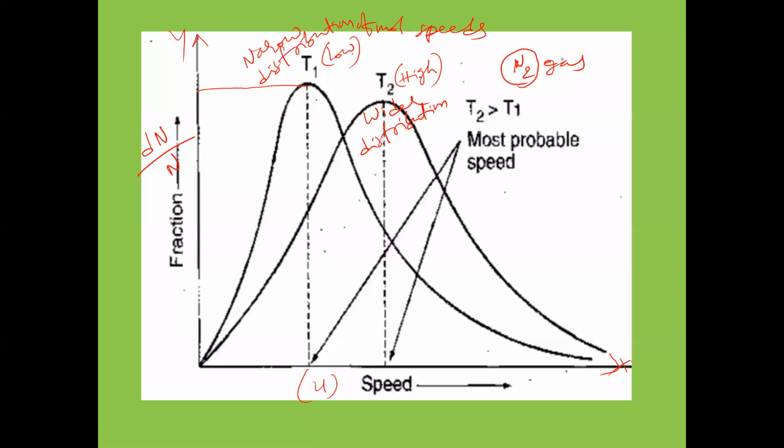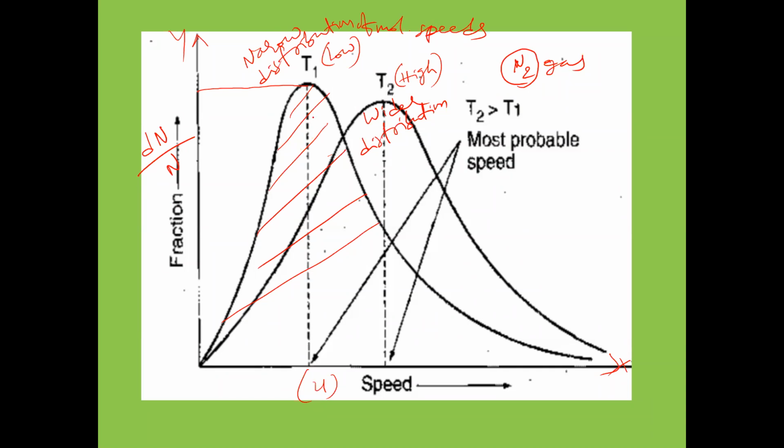This is the total area under the curve of T1 temperature. The total area under the curve of T1 and the total area under the curve of T2 will both be the same. When we increase temperature, there is no change in the total area under the curve.